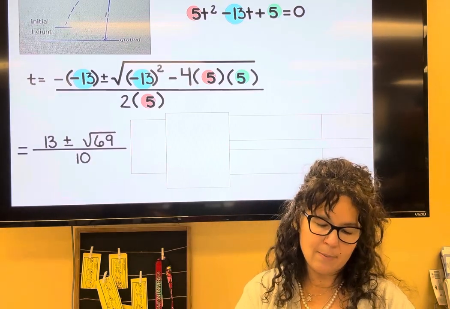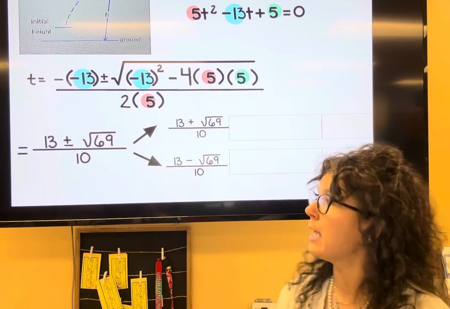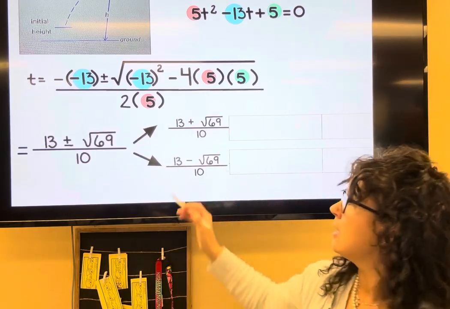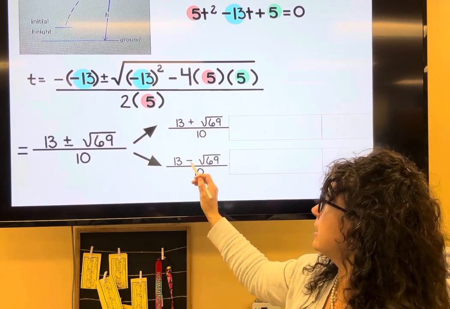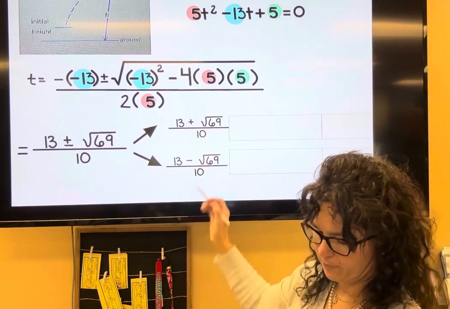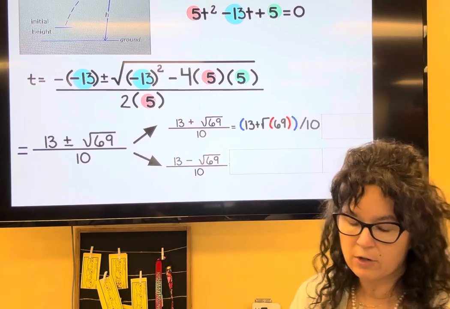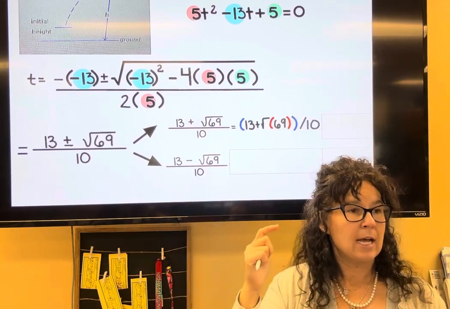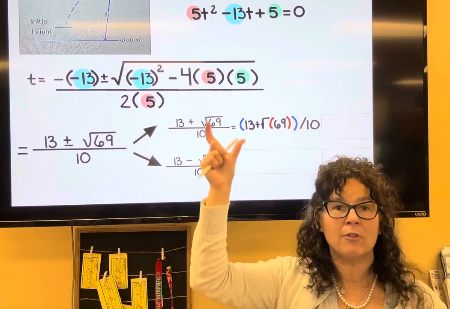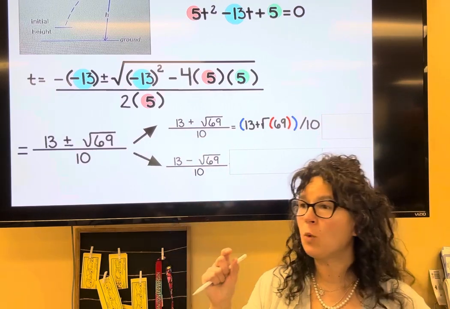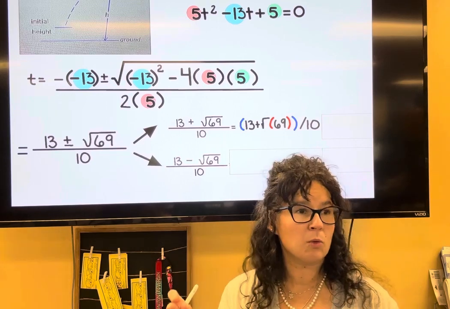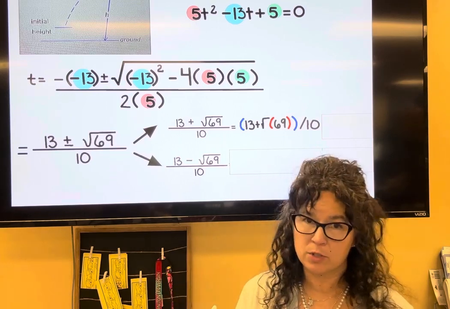So I'm going to grab my calculator and enter 2 separate items: 13 plus the root over 10, and 13 minus the root over 10. Remember, when you use your calculator, you want to put an extra set of parentheses around the numerator and the denominator, and a set of parentheses around whatever's underneath the root.